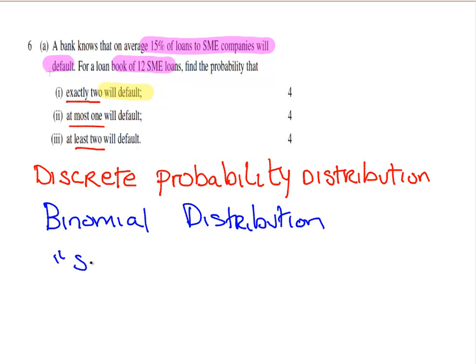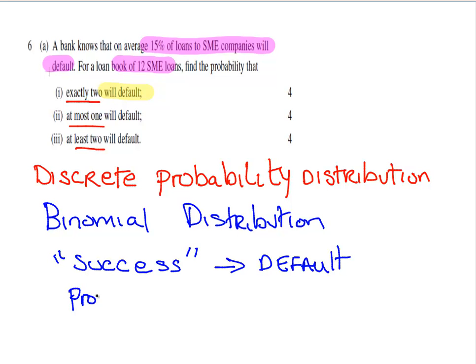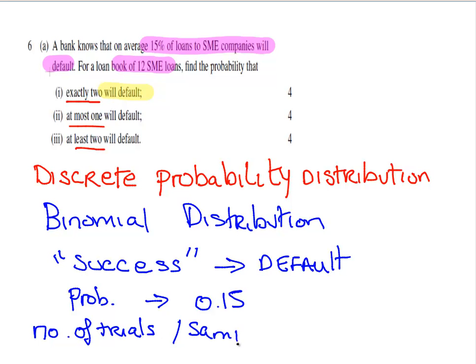A success is what we call the event of interest, and that is a default. A bit counterintuitive that we call a default a success, but there you go. The probability of a success is 0.15, and the number of trials, or in other words the sample size, depending on the context of the question, is 12.